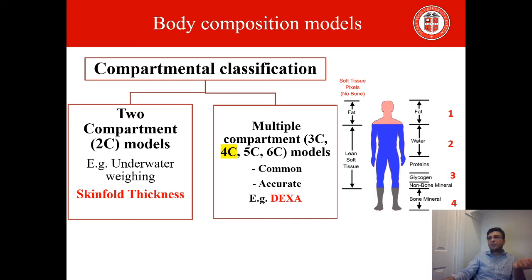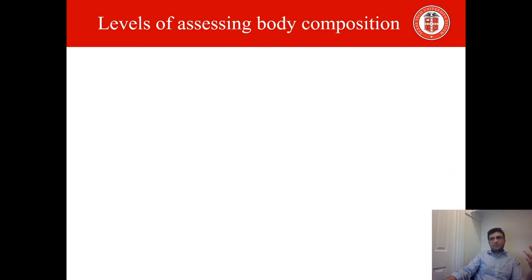So in general, multiple compartment models are way more accurate than the two-compartment models. I have highlighted that 4C, which means the four-compartment model, is the most common one which we use. And DEXA is a big example. I'll again come to it once we discuss the miscellaneous body composition assessment techniques.